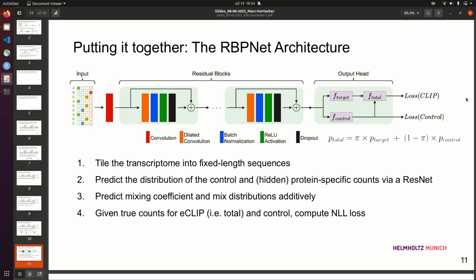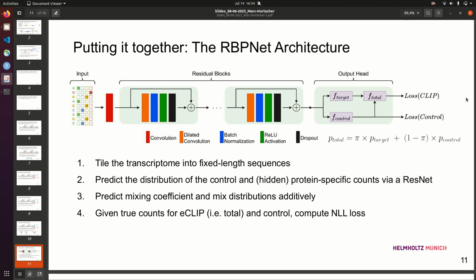So we use an RNA sequence as input, and the outputs are two probability vectors, one for the control experiment and one for the hidden target experiment. We then predict the mixing coefficient from sequence and mix those distributions, the control and the target, additively. And this then gives the distribution of the final CLIP/eCLIP.